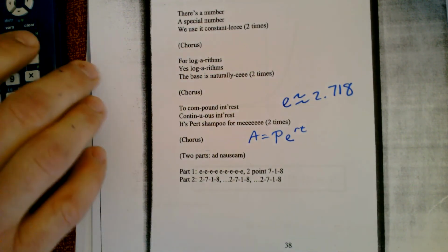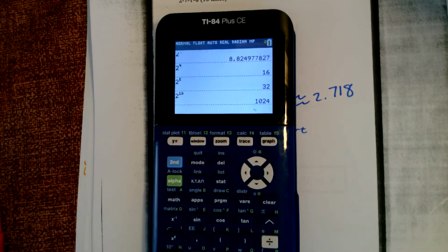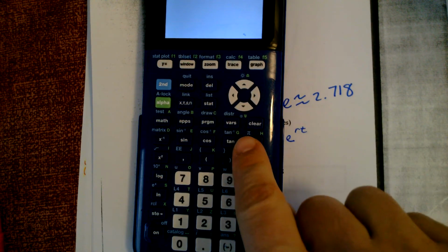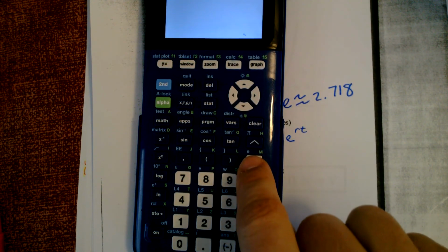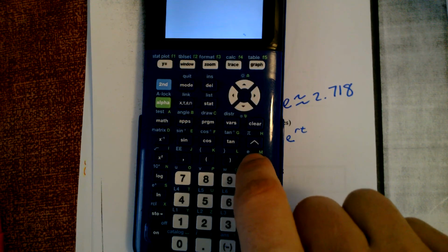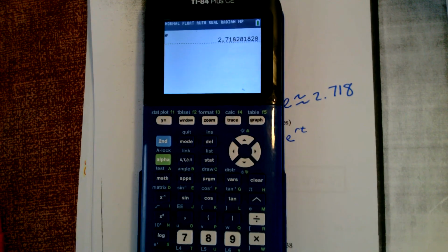Again, e is a very special number, and it's in your calculator if you ever forget that beautiful song I just sang you. If you look at your raised to, you guys know where pi is, right? Pi is right there. Go right underneath it, division. Second division is e. So if I go second division, I get e, 2.718.